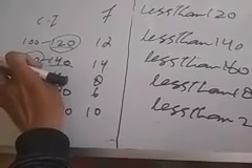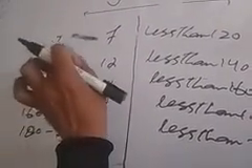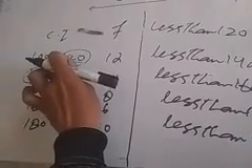You will include 120 in this interval, not in this interval. This actually means 119.999; it is not up to 120, it is up to 119.999 but not 120, so 120 will be included in this one.